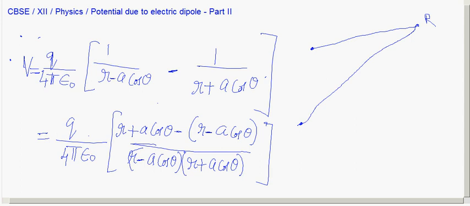This is our dipole we took, plus q and minus q, and r is its distance from the center O. This is a, this is also a, so these are the distances. So now simplify this.